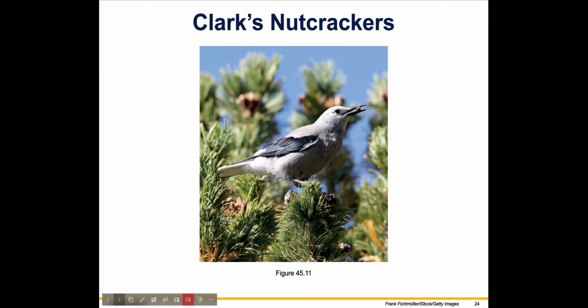One awesome example of tying this together is something called a Clark's nutcracker. This example in your book talks about Clark's nutcracker birds relying on the spruce tree here for their seeds. The trees need fire in order to have the seeds open up.